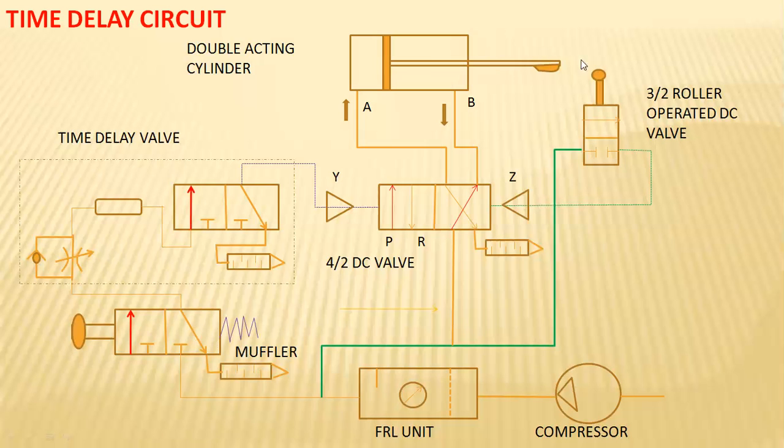After complete extension takes place, this stopper will click on this DCV, and when this DCV is switched on, this supply will take place. The first position will come into force, and the commonly connected pneumatic air enters here and operates this second DCV. So at the initial position, when the push button energizes, this is a starting condition, the first position will come into force.